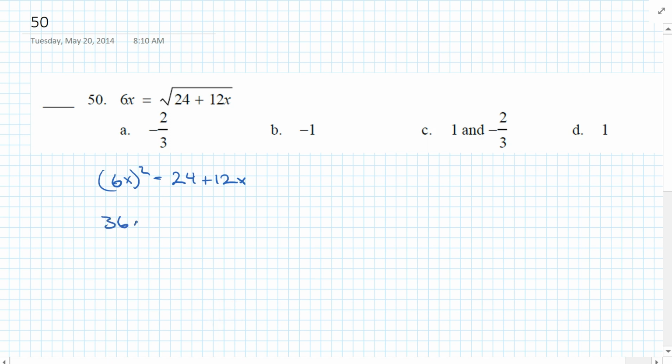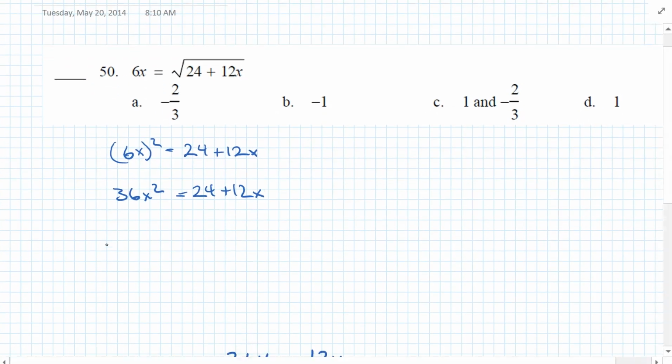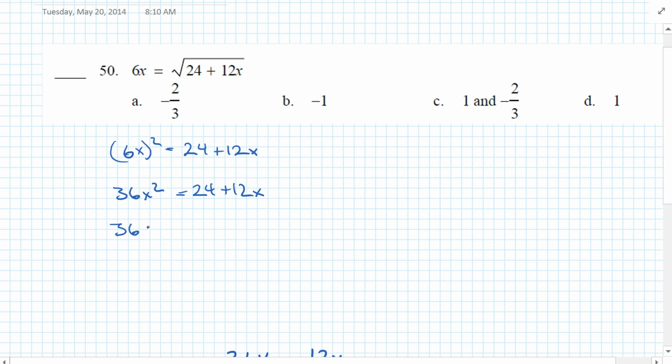So 36x squared equals 24 plus 12x. Now, since this looks like a quadratic, let's set it equal to 0. So I'm going to get 36x squared minus 12x minus 24 equals 0.